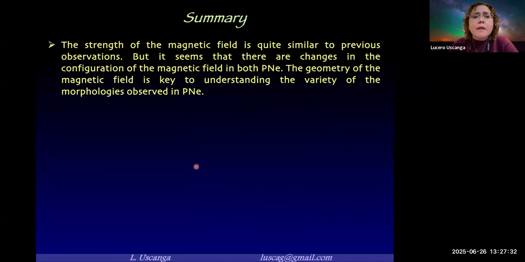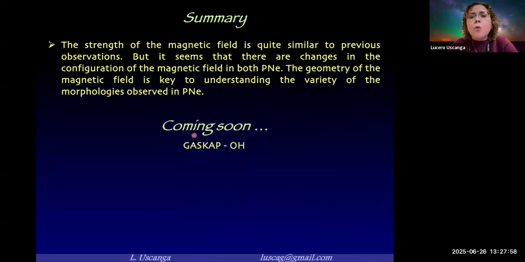As a summary, the strength of the magnetic field is quite similar to the previous observations in these two planetary nebulae, but it seems that there are changes in the configuration of the magnetic field in both sources. The geometry of the magnetic field is key to understanding the variety of morphologies observed in planetary nebulae.